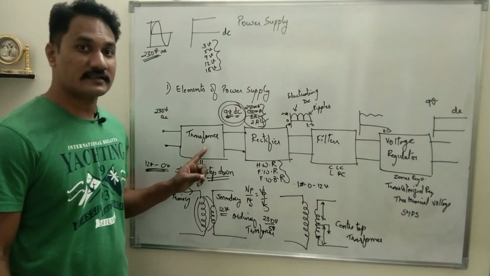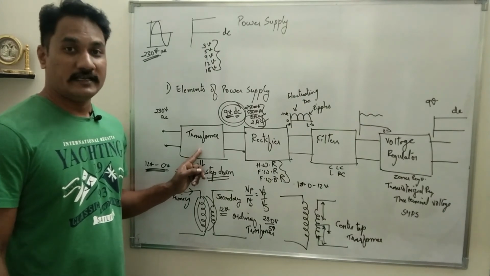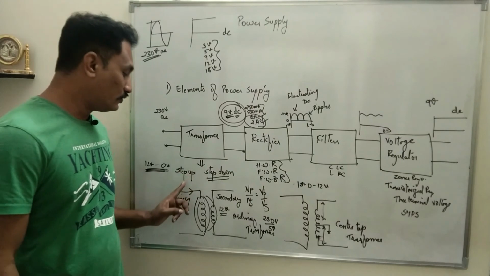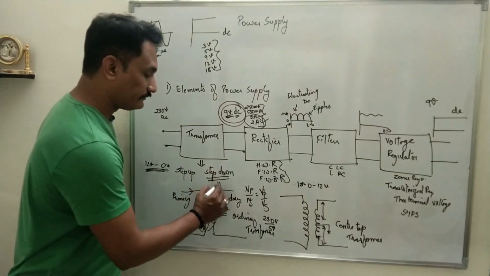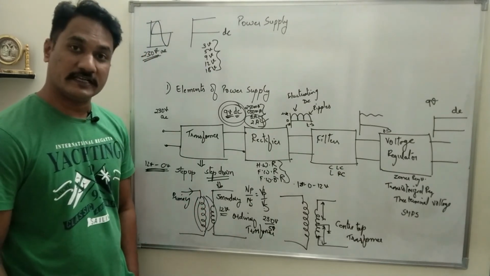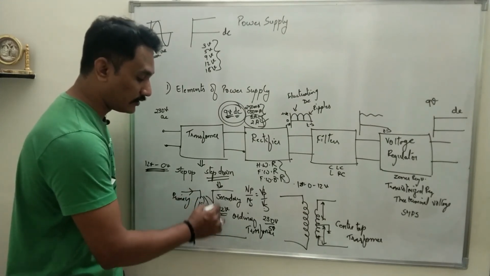So what you will write is, the first one is transformer. What it does? It converts high AC voltage, high AC current into low AC voltage, low AC current. There are 2 types, step up, step down. In step down, we have number of turns in secondary less as compared to number of turns in primary. So voltage drop across primary will be more as compared to voltage drop across secondary.